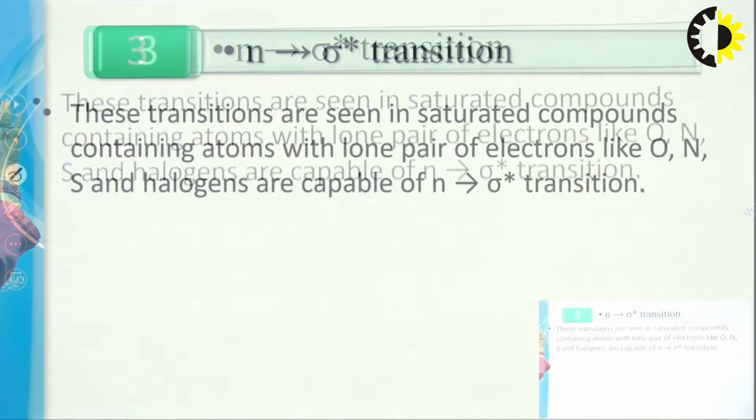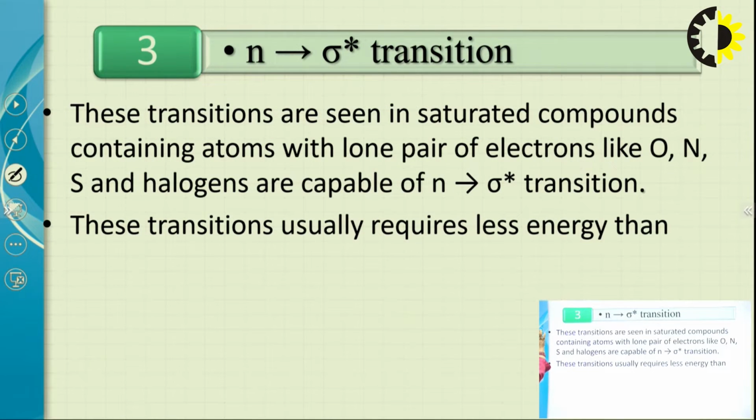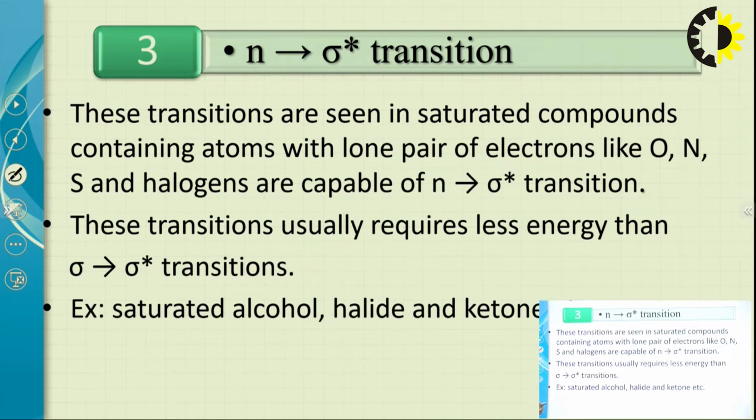Next is the n to sigma star transition. Now, these transitions are generally seen in saturated compounds containing a heteroatom, or any atom which has a lone pair of electrons. Generally, it is the heteroatom.